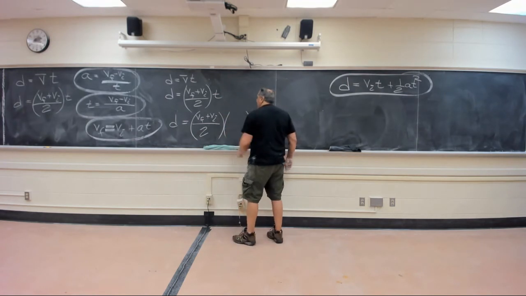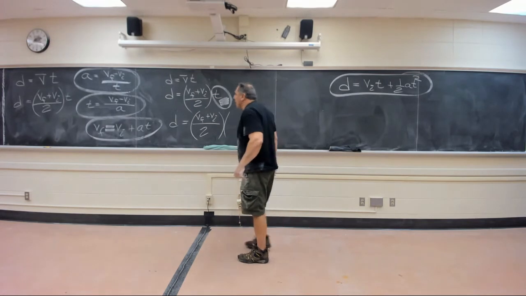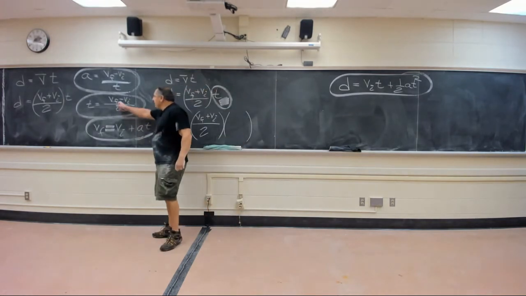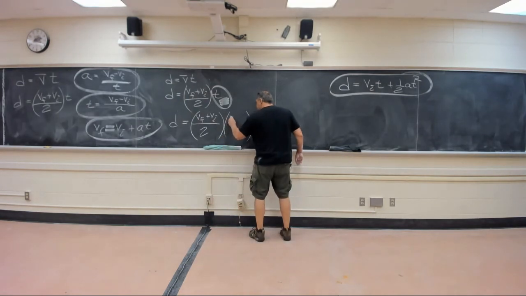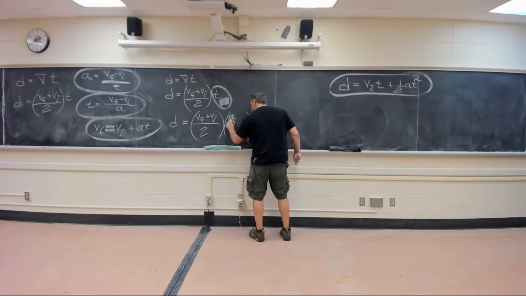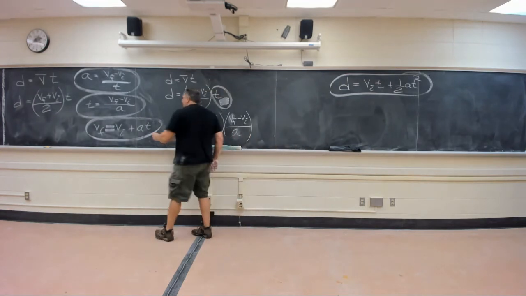I'm going to change the T. VF minus VI over A. Forgive me. That's this right here.